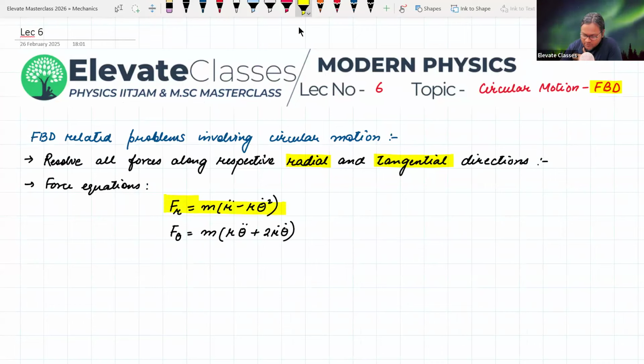For some students, this equation may look a little complicated, but your life will become very easy if you memorize them. Okay, there is no other way. This is the easiest step actually. Just memorize it, and whenever you have unbalanced forces along the radial direction, apply the first equation, and whenever you have unbalanced forces along the tangential direction or the transverse direction, apply the second equation.